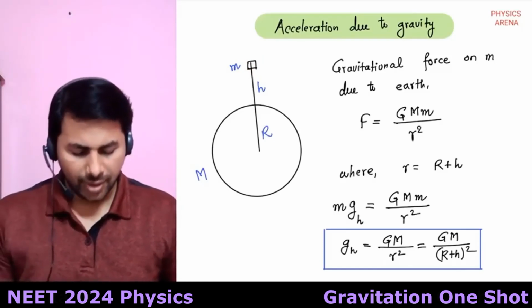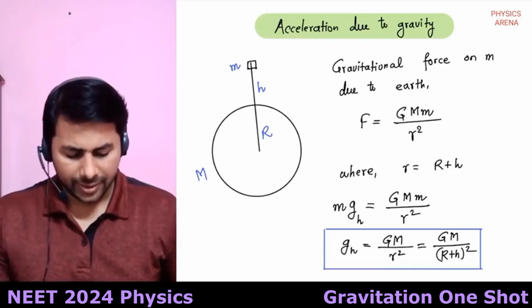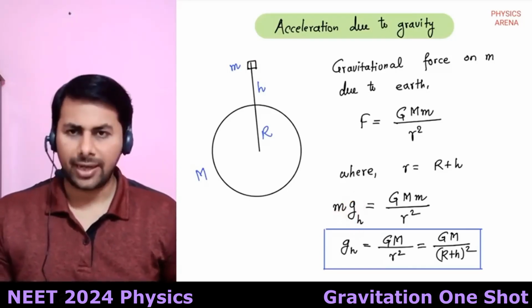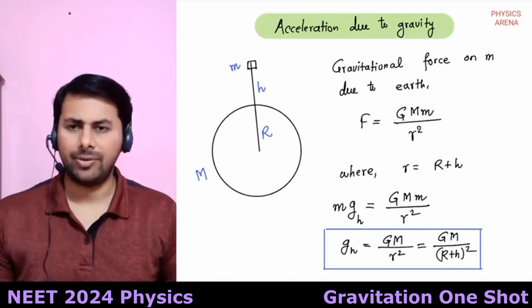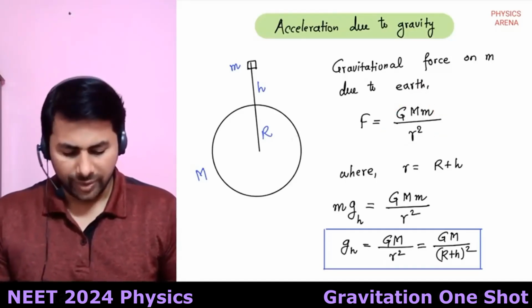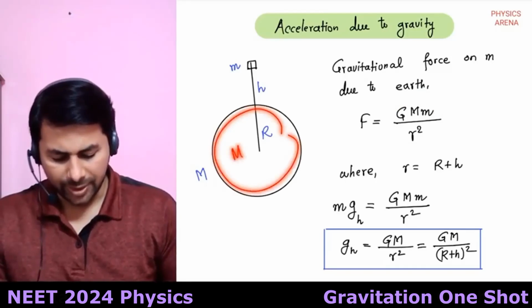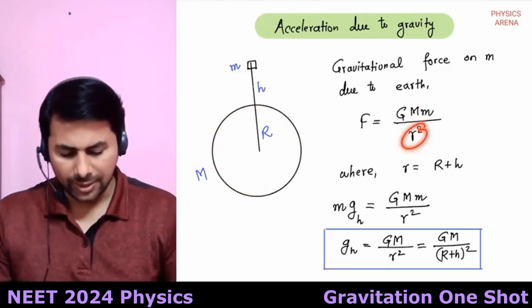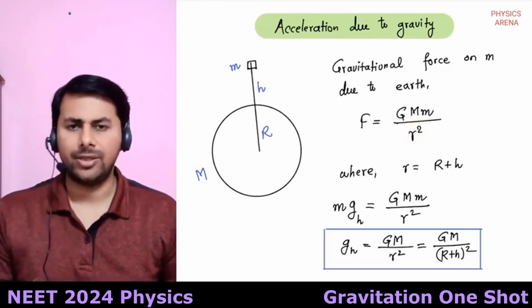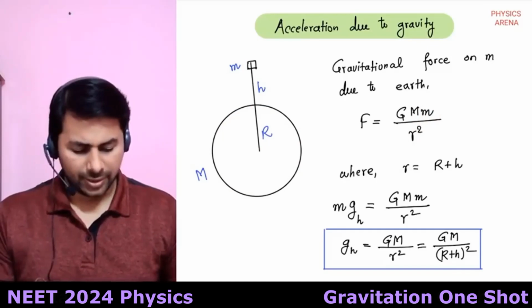So we can write m times gh as equal to the gravitational force GMm upon r squared, where capital M is the mass of earth, small m is the mass of the body, and small r is the distance from the body to the center of the earth.